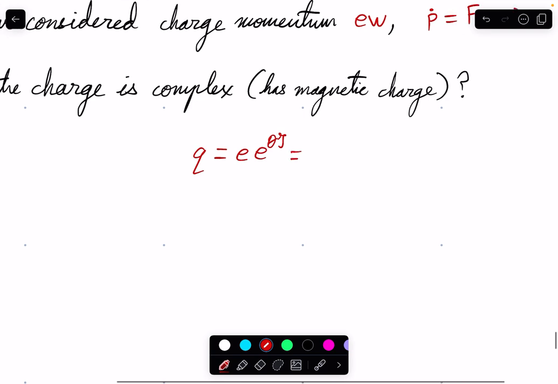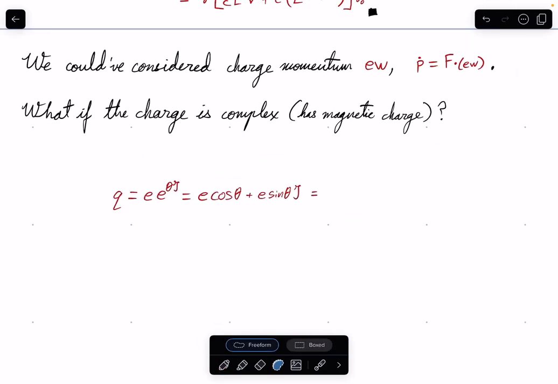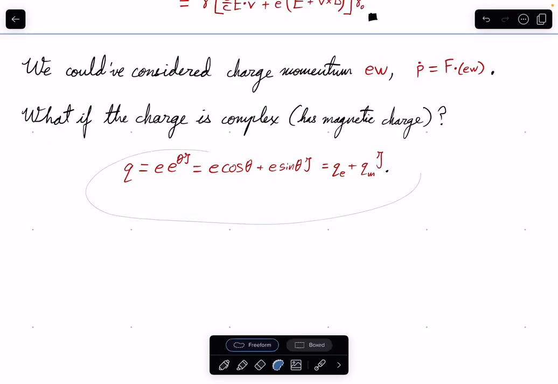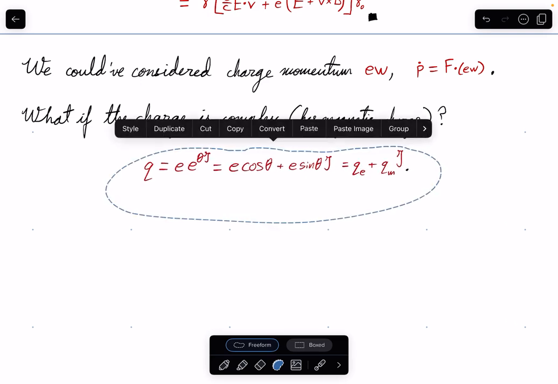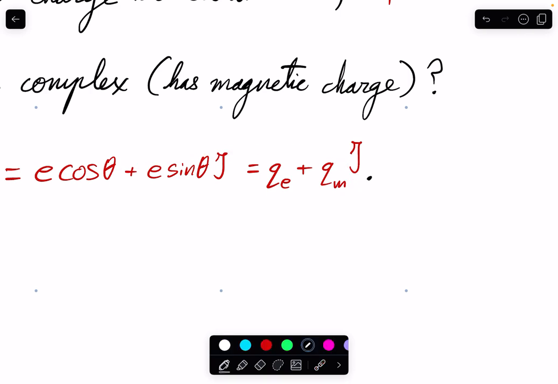Okay, this is equal to E cosine theta plus E sine theta I, which we'll just call the electric charge plus the magnetic charge, I. So this side of the equation implies this thing right here.